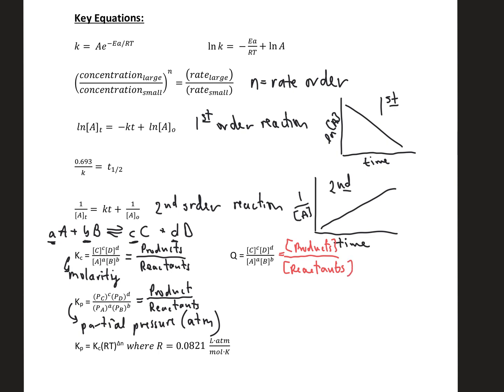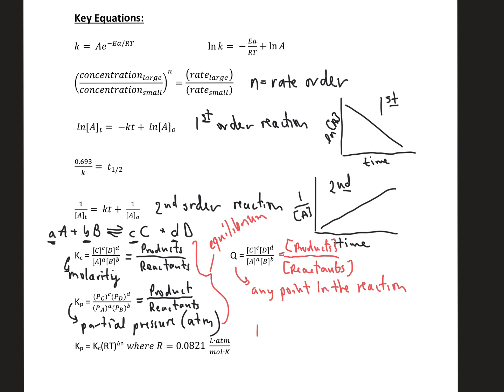The main difference being that Kc or Kp are equilibrium concentrations only, whereas Q is at any point in the reaction. Q is helpful because Q gives us directionality.